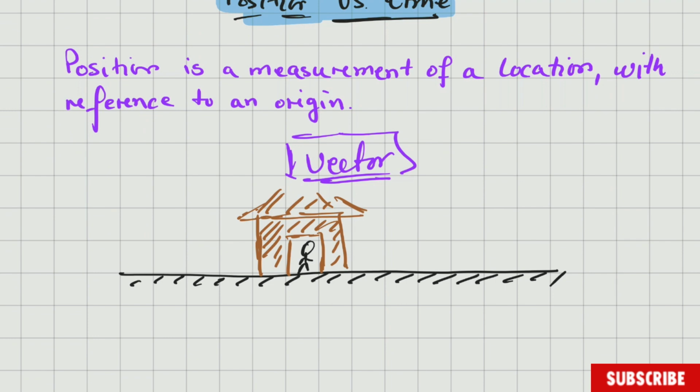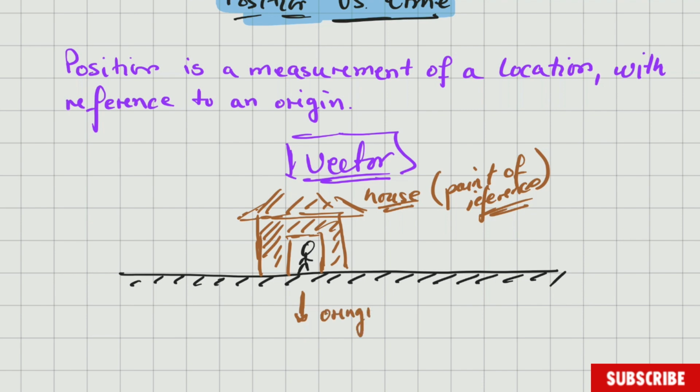For example, let's say somebody is leaving the house in the morning and starts walking in any direction, let's say to the right. Now, we need a point of reference. In this case, we're going to take the house as the point of reference, and the point of reference is going to be the origin, 0.